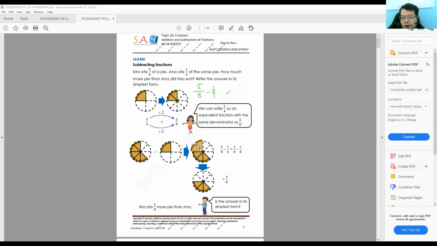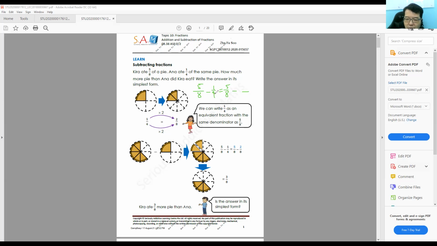Now, remember earlier, when we were doing addition, we converted the denominators into a common denominator. The same goes with subtracting fractions. We make sure that they have the same common denominator. So again, we keep 8 because 8 is a larger denominator than 4. Therefore, it'll be 5 out of 8 minus, let's convert 4 into the denominator of 8.